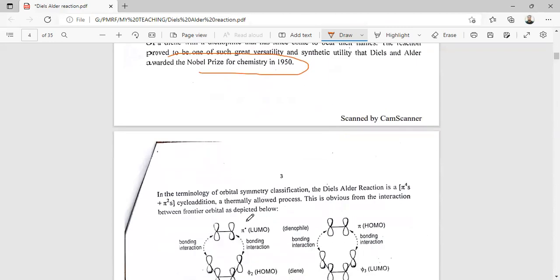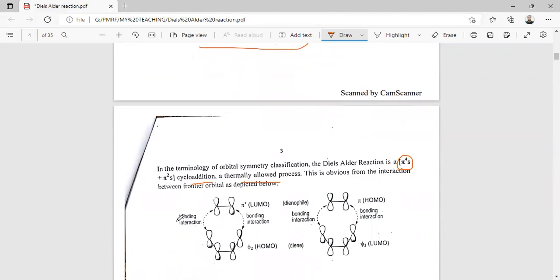In the terminology of orbital symmetry classification, this reaction is a pi 4 plus pi 2 cycloaddition reaction, a thermally allowed process. This is obvious from the interaction between the frontier orbitals. Here the HOMO of the diene interacts with the LUMO of the dienophile, that is the pi star.